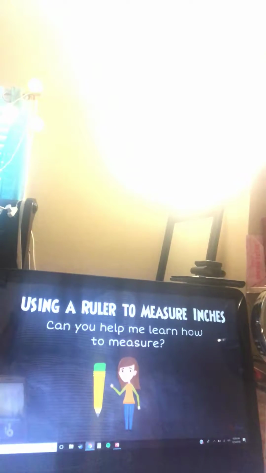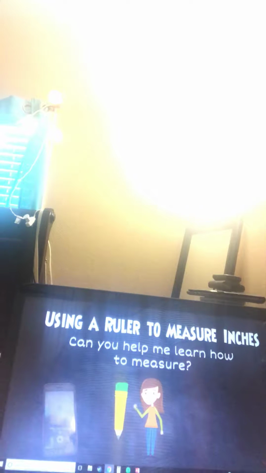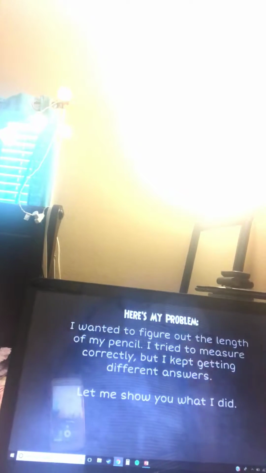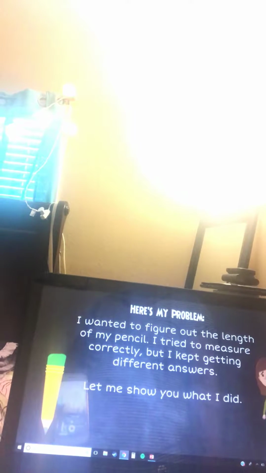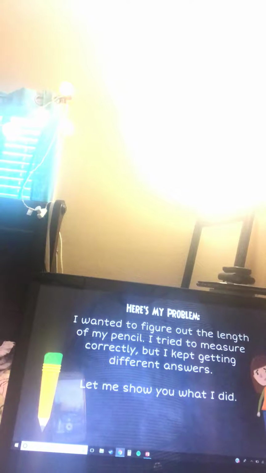Using a ruler to measure inches. Can you help me learn to measure? Here's my problem. I wanted to figure out the length of my pencil. I tried to measure correctly, but I kept getting different answers. Let me show you what I did. My first try, I got 6 inches.